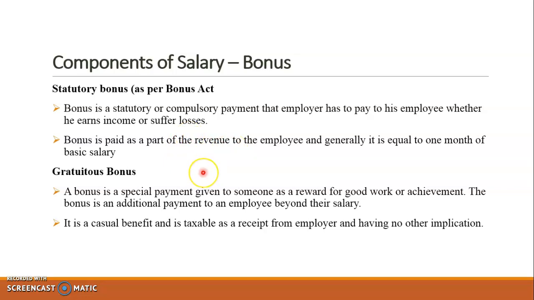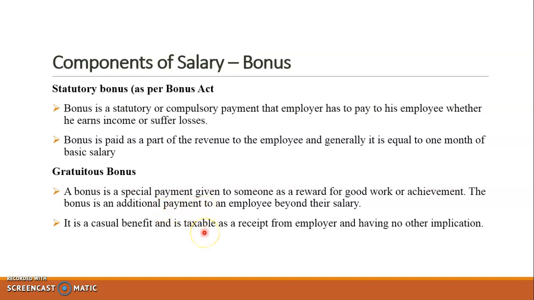Sometimes only the word bonus is given, so you can assume it either way, whether it is statutory bonus or gratuitous bonus. You have to just add it to the gross salary. Now discussing more about gratuitous bonus, it is a special payment given to someone as a reward for good work or achievement. The bonus is an additional payment to an employee beyond their salary.